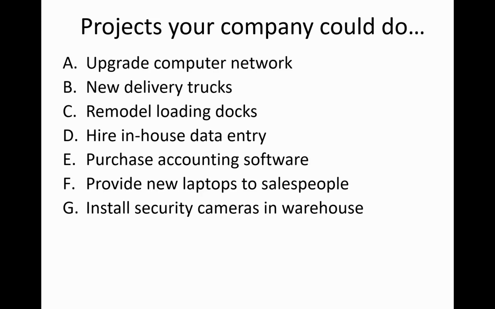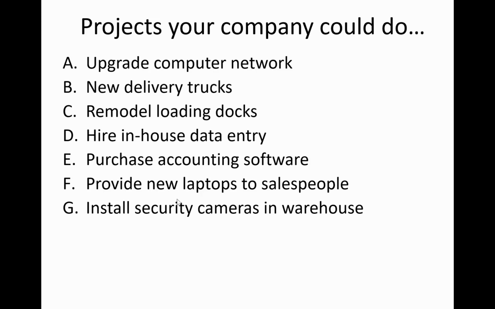So it would be an investment, and in the future you'd save money that you used to spend or lose due to theft. Let's say you have all these possible projects, and we analyze them to find out what kind of rate of return they would give us. That is, if you borrow a certain amount of money to buy the upgraded computer network, what rate of return you're going to get is talking about, on an annual basis, how much of that original investment is coming back to you in additional revenue or sales.